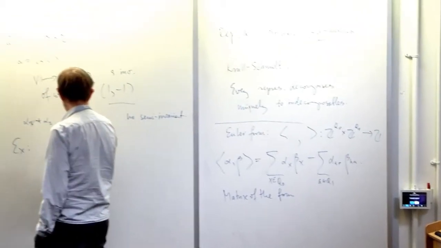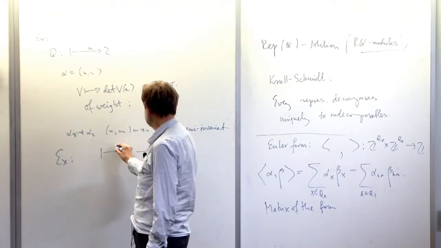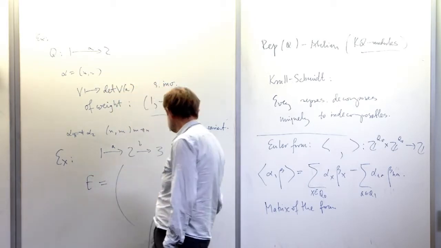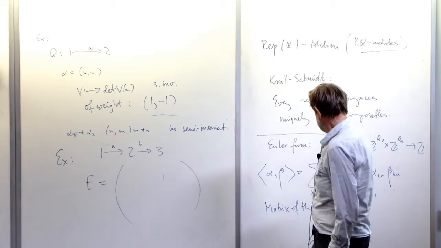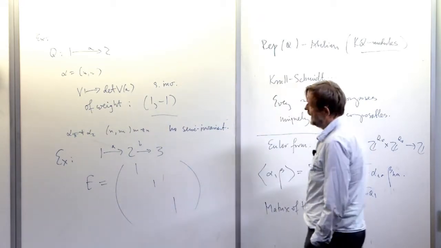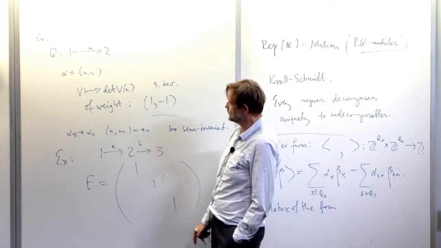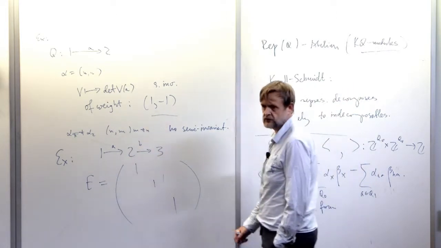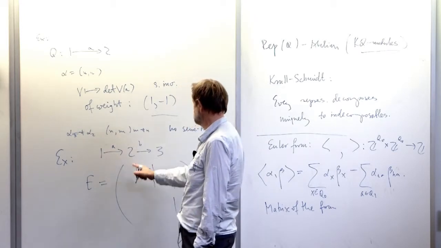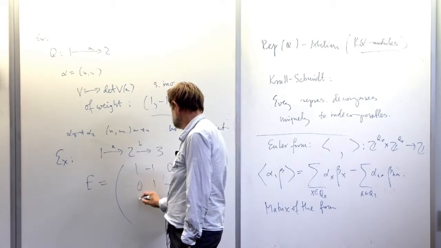Suppose I have the quiver 1, 2, 3 with arrows a, b. What would be the matrix of this Euler form? Basically, I put 1s on the diagonal. And at each entry (i, j), I put minus the number of arrows from i to j. So I would put here -1, because there's an arrow from 1 to 2, an arrow from 2 to 3, and 0, 0, 0.